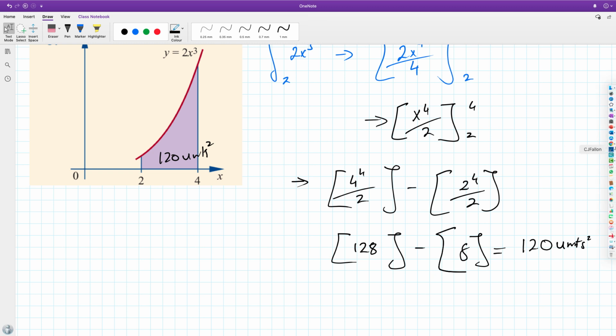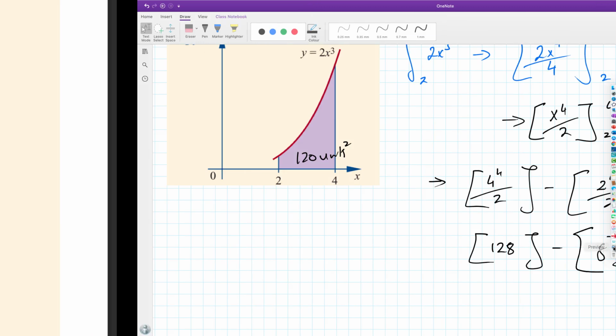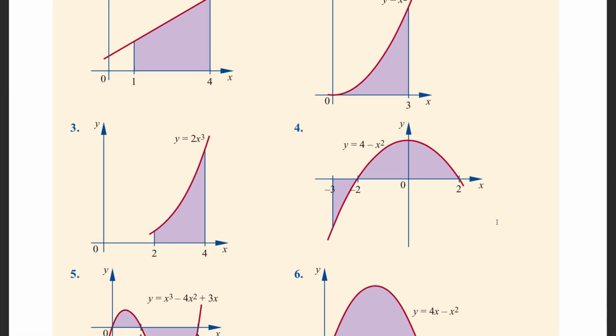To make things a small bit more difficult, let's have a go at number 4. So, here's our first one where we're above and below the line.